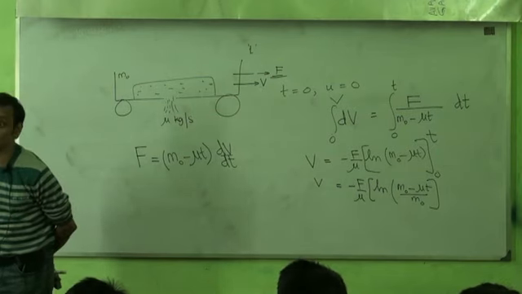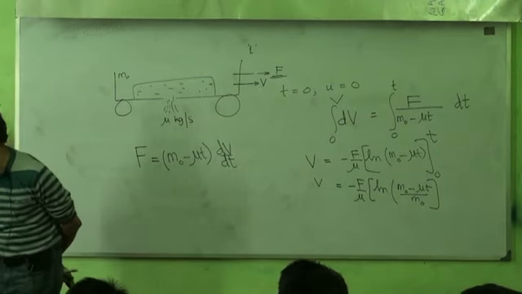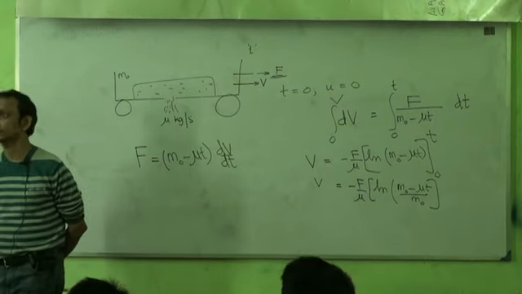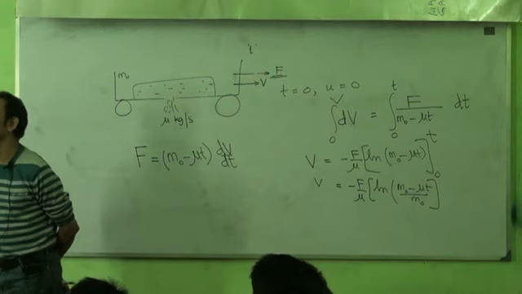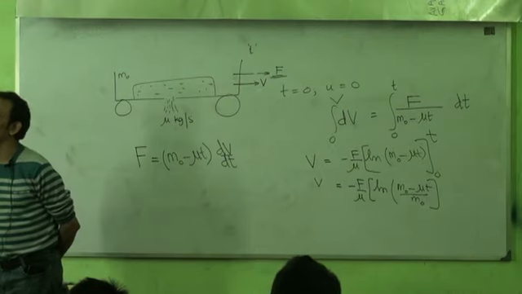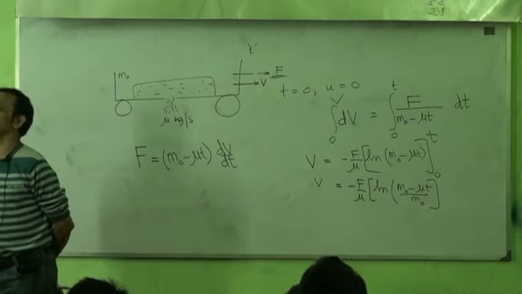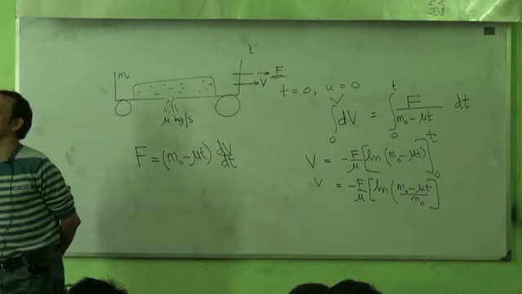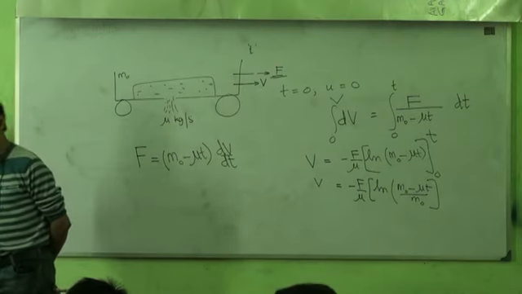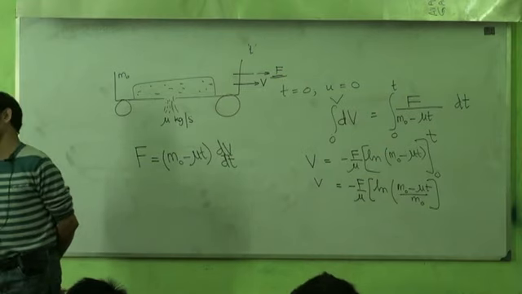Relative velocity in the horizontal direction, if you are not altering that, it will appear to fall vertically. For a person inside the trolley, the sand at that instant will appear to fall vertically downwards. It will not appear to move horizontally.